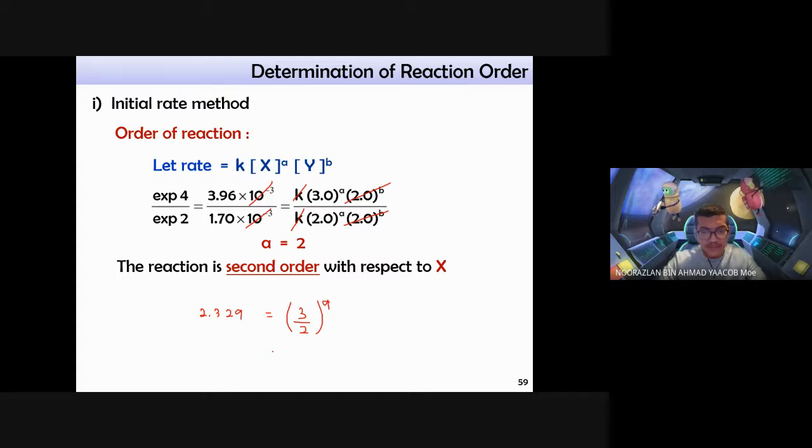So this one log, so 2 log 3. So we will get, wait, there's something wrong here. 3.96 divided by 1.7.